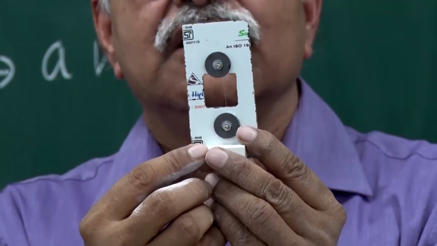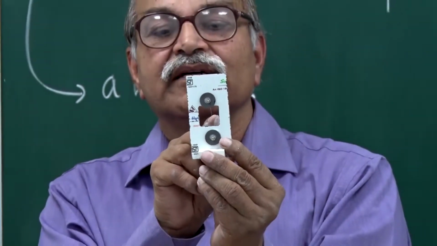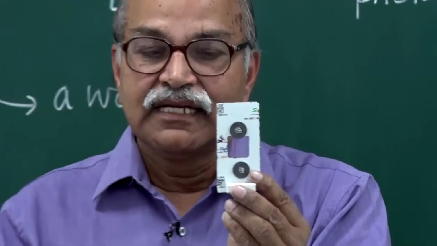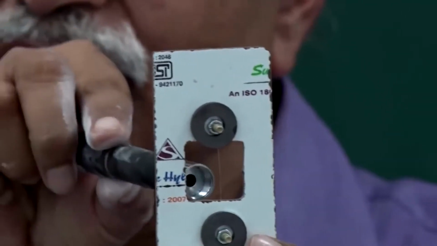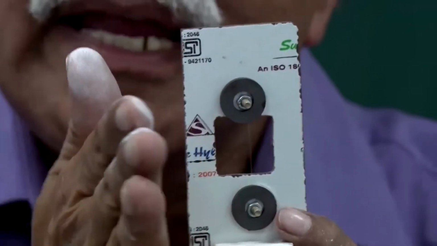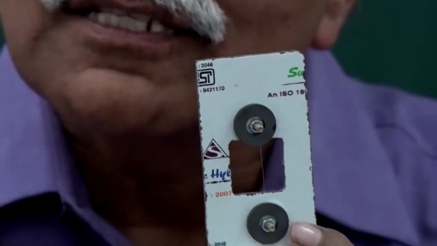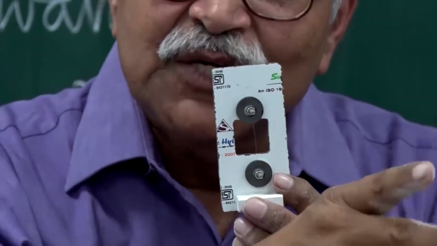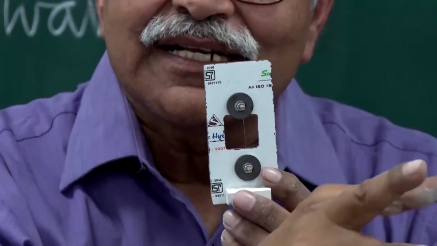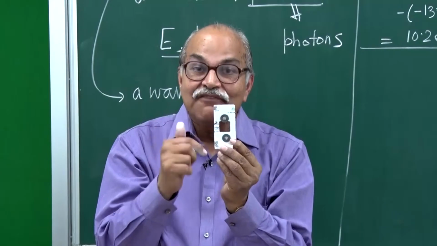So if I send this green light on this wire, then on the other side of the wire, light goes in certain selected directions only, and in between those selected directions no light goes. That is because of diffraction, that is because of the wave character.